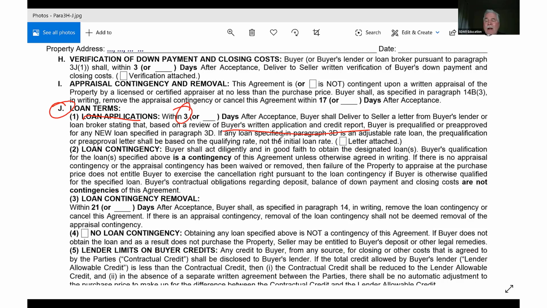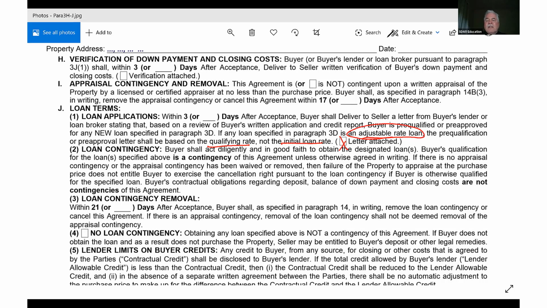So the buyer is pre-qualified or pre-approved. And if you're presenting the offer yourself, which I think you should, I would probably circle pre-approved so that it emphasizes the fact that the buyer is not just pre-qualified, that they're pre-approved for the new loan specified in 3D. If it is an adjustable rate loan, the pre-qualification or pre-approval letter shall be based on the qualifying rate, not the initial loan rate, and then again, letter attached.